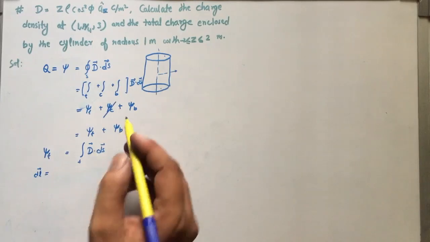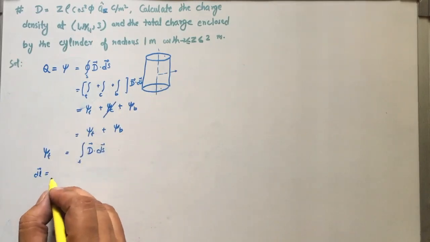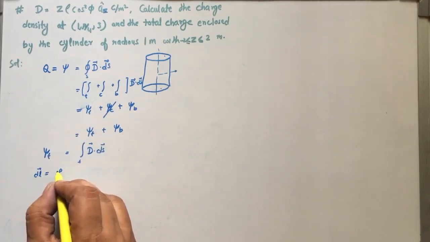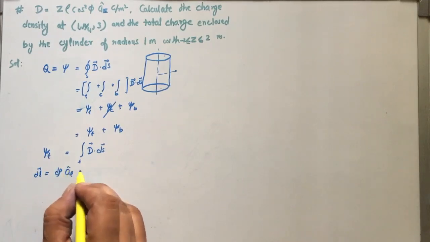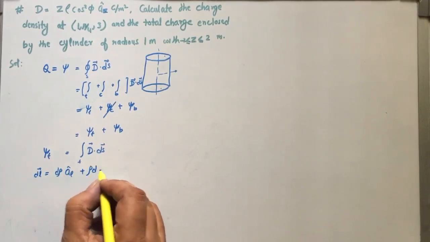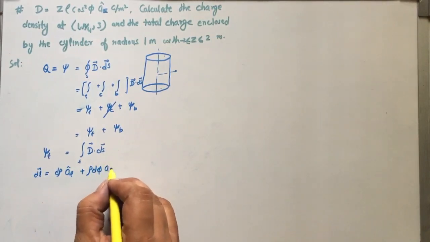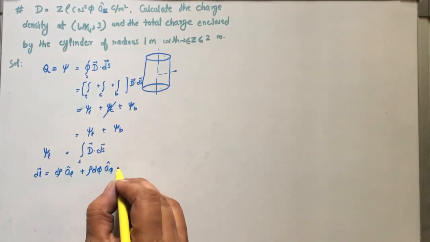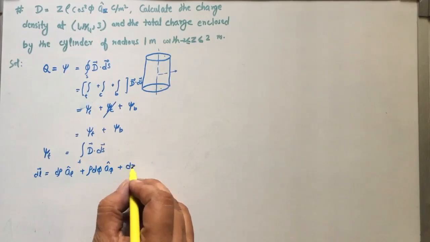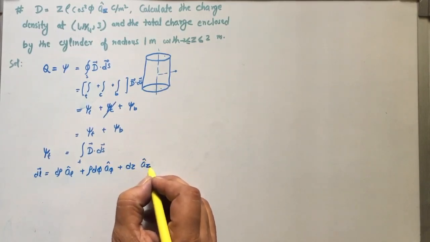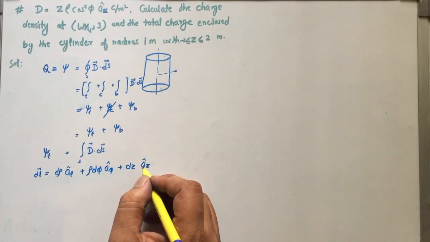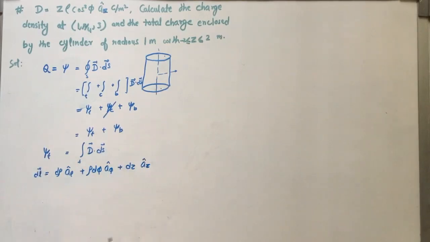So dl in the cylindrical coordinate system we can recall, that is d rho in the direction of a rho, rho d phi in the direction of a phi. If we can remember, then it will make our problem easier. Az, if I am right, then this is dl in case of the cylindrical coordinate system.